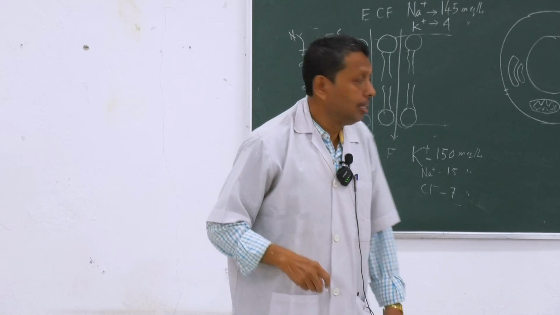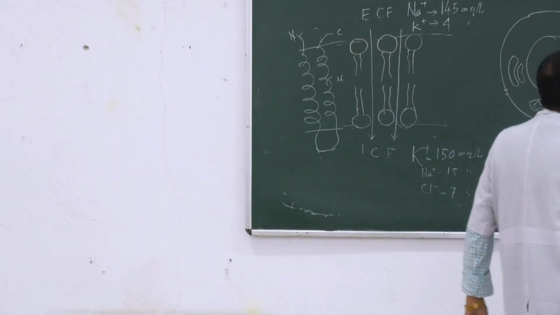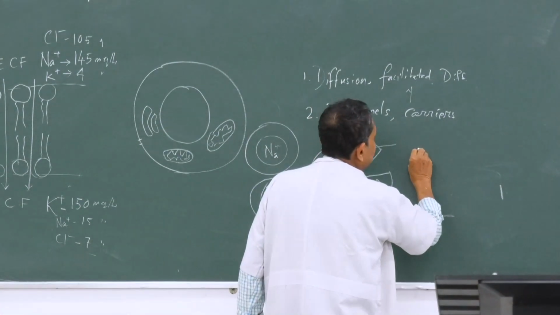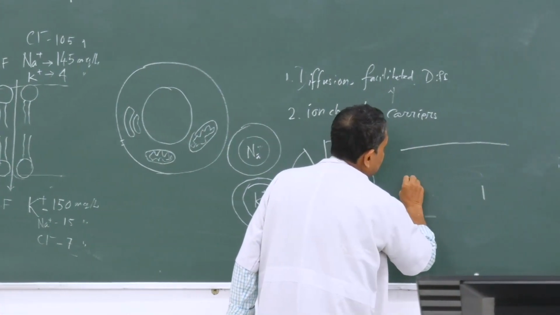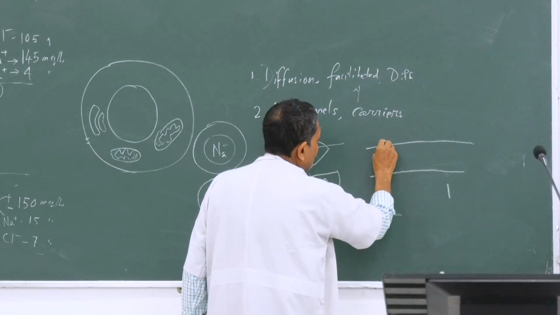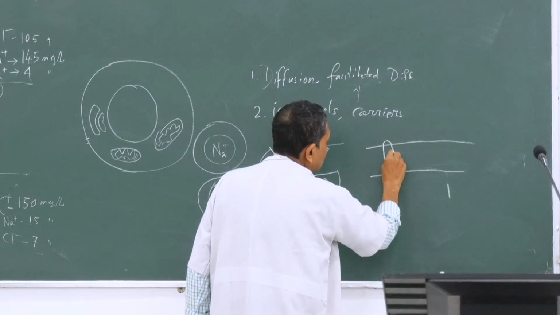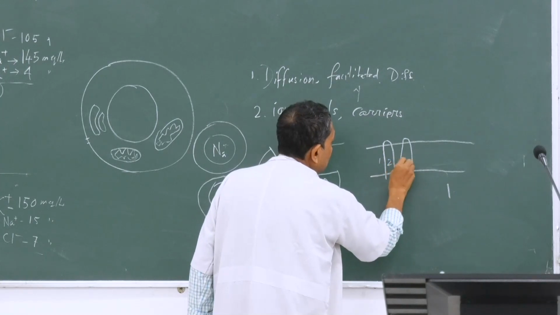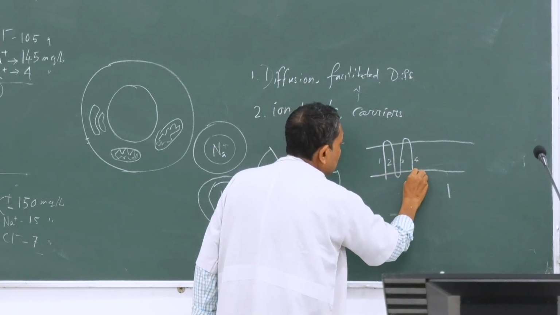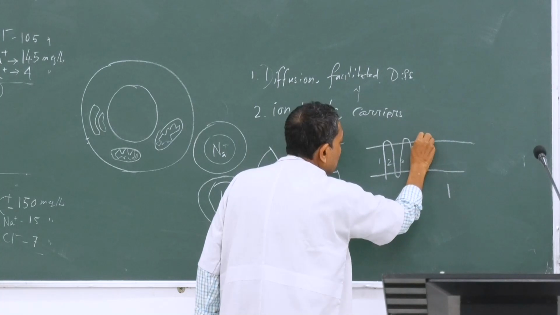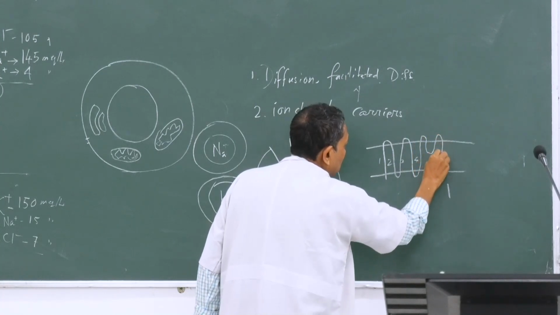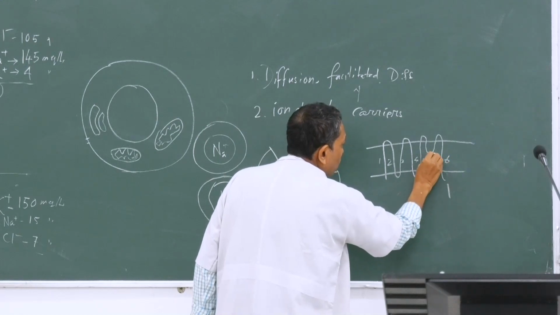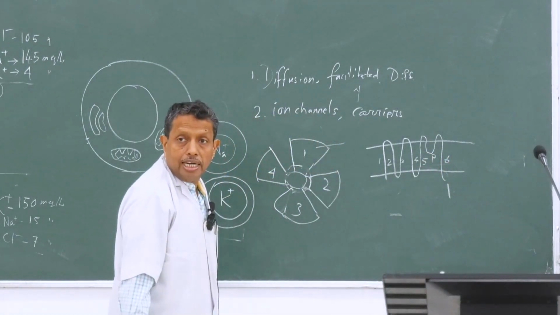Suppose you consider any part, they are disposed in the membrane in such a way: 1, 2, 3, 4, 5 and 6, and it is this pore. They are disposed in this way.